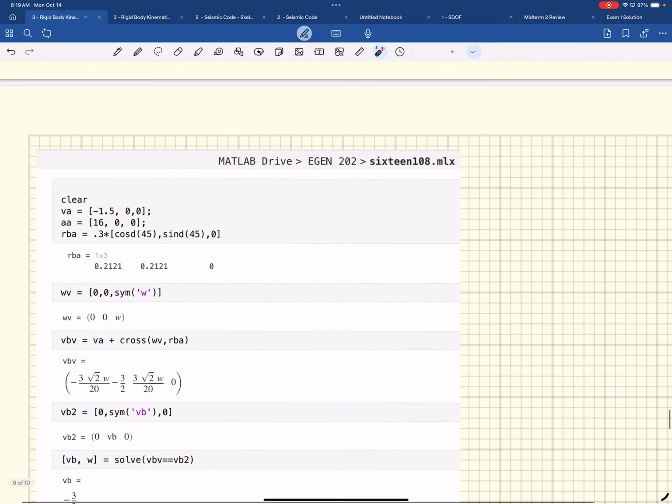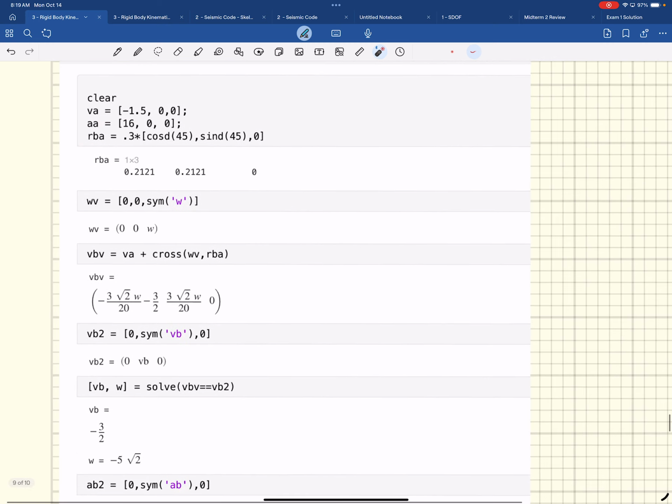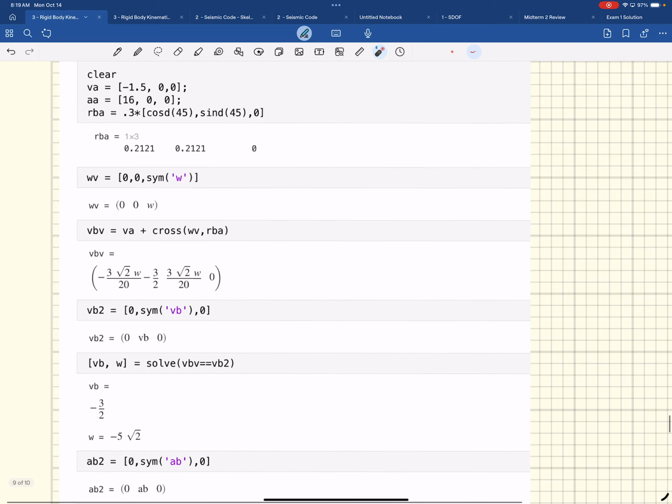I started out by defining what VA was, negative 1.5 in the X, and then I defined what AA is. Those are given to us, and I'm putting them in vector form, in the I, J, and K directions. Then I defined RB as seen from A: 0.212 in the I, 0.212 in the J. Then I set up omega.